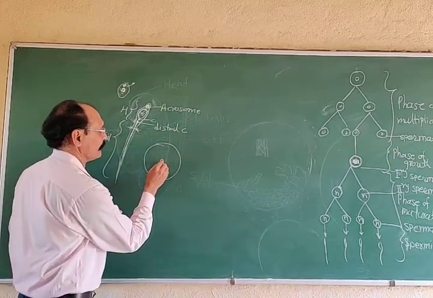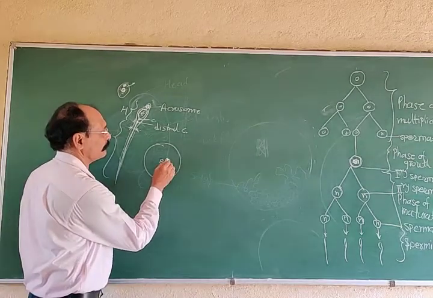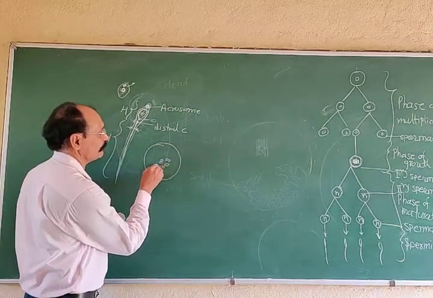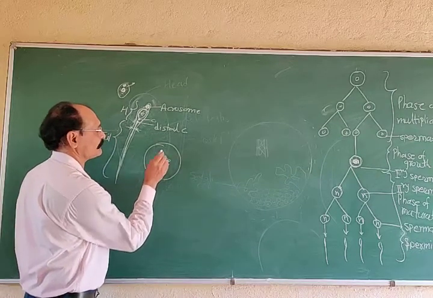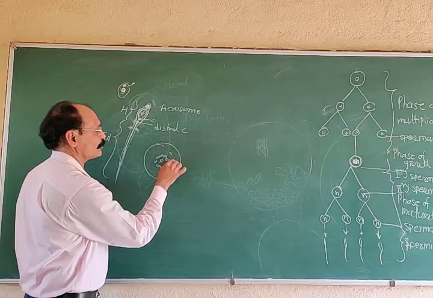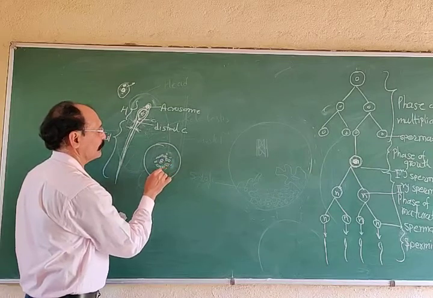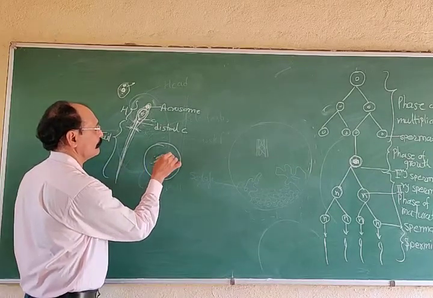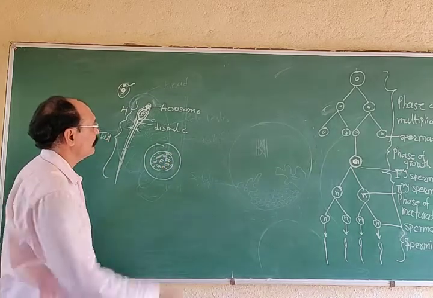At the center there are two tubules, and around that there are 9 doublets. So it is the flagellar structure, and around that there are again 9 coarse fibers. Here it is the axial filament.